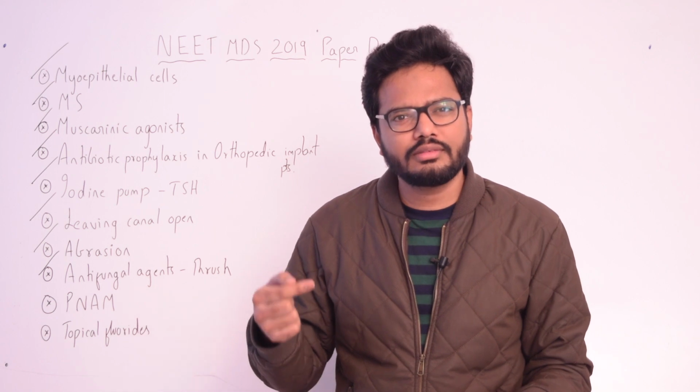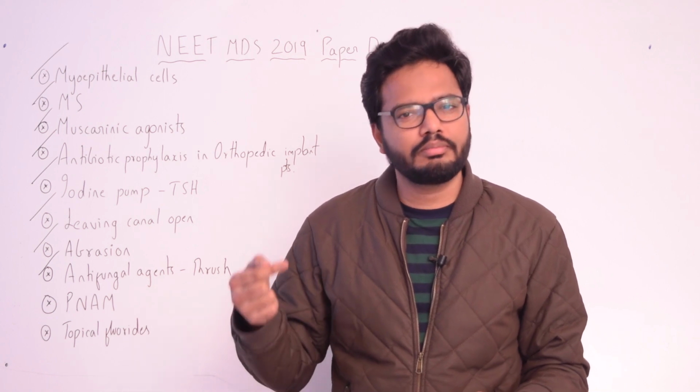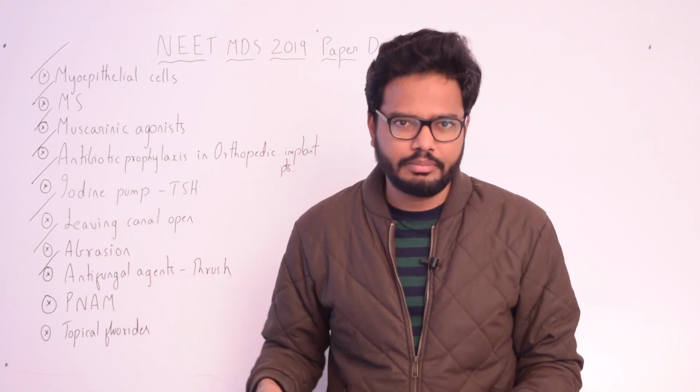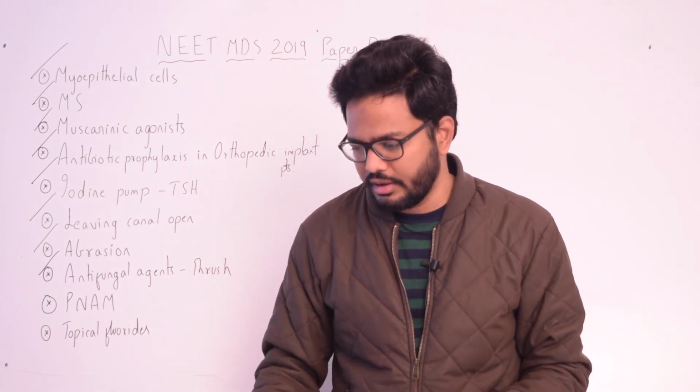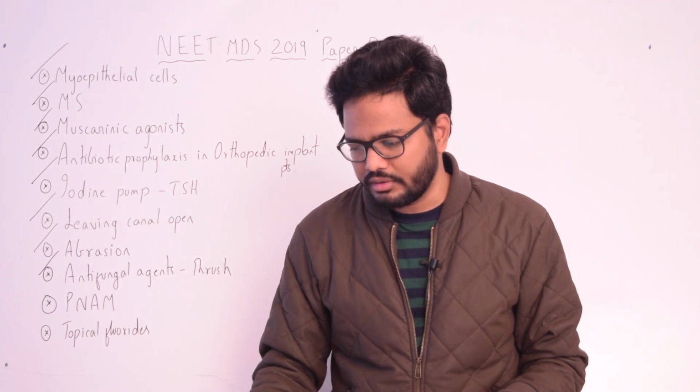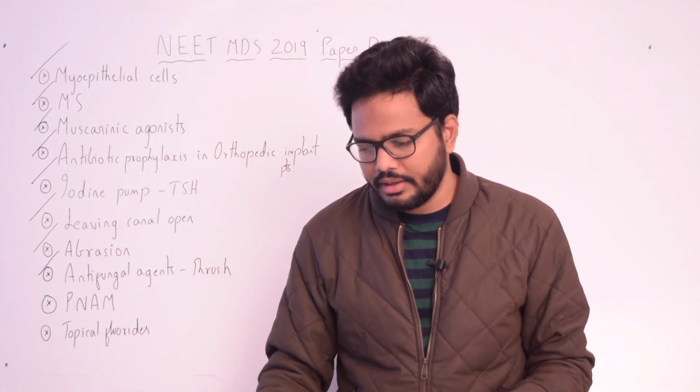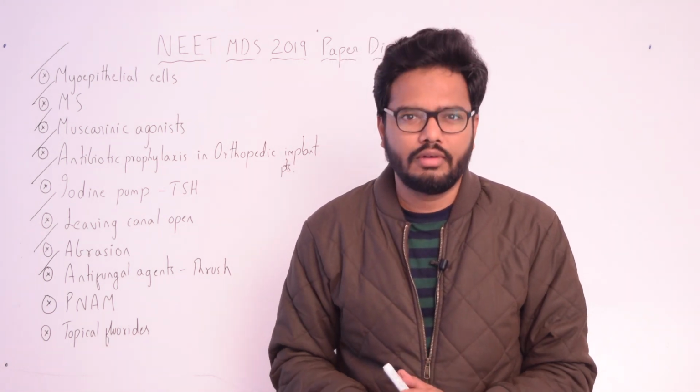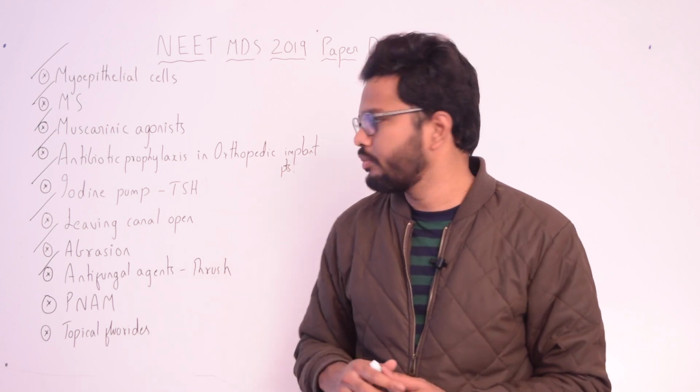So if there is any topical antifungal agent mentioned in the options, do let me know. We'll go through this question once again, right? So oral fluconazole 150 milligrams per day for 2 weeks. A single 150 milligram oral dose can cure vaginal candidiasis, just an add-on point.